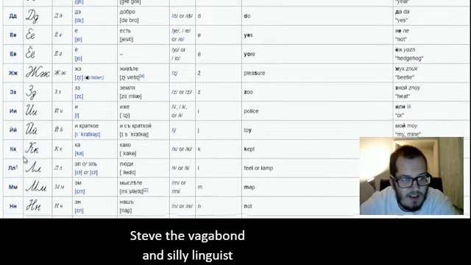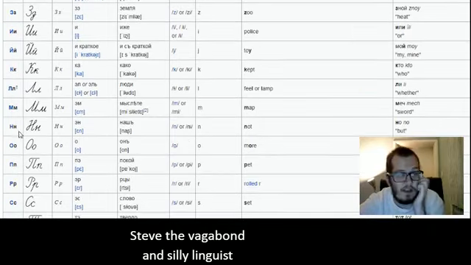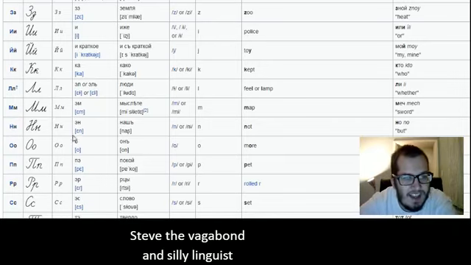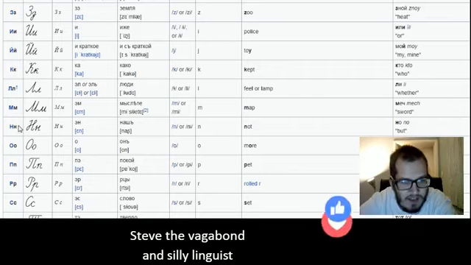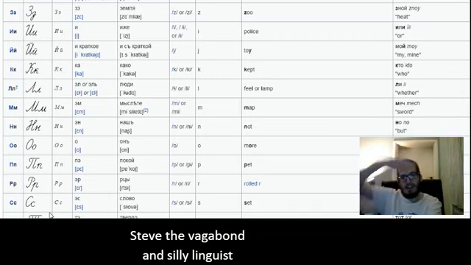Then we've got this one, which looks like an H, but is actually pronounced N. What I thought of here is that it looks a bit like an N. In the Latin alphabet you've got an N like that.